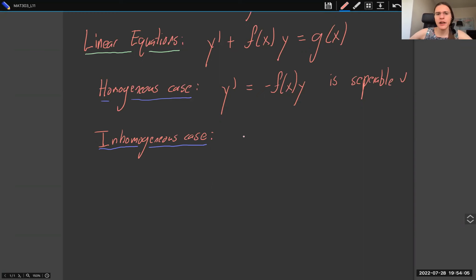So for the inhomogeneous case, use variation of parameters. Let y1 be a solution of the homogeneous problem, which we can find by separation.